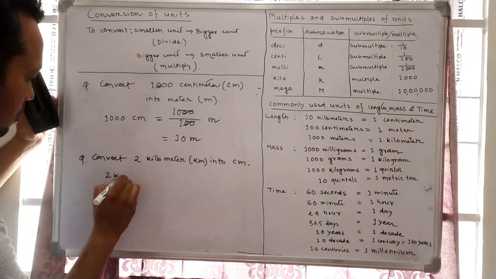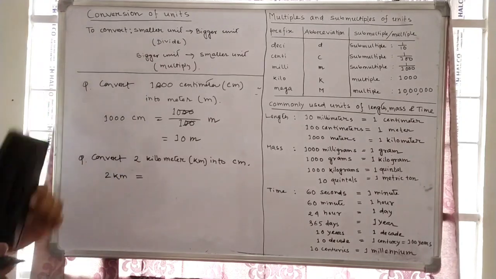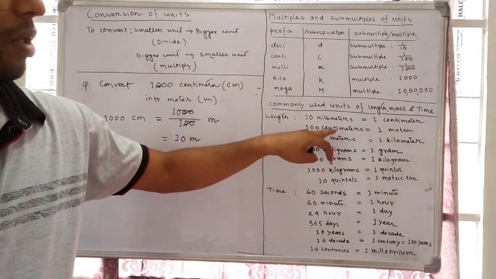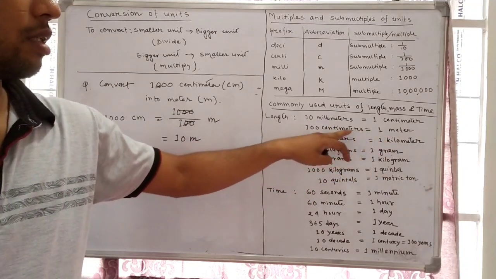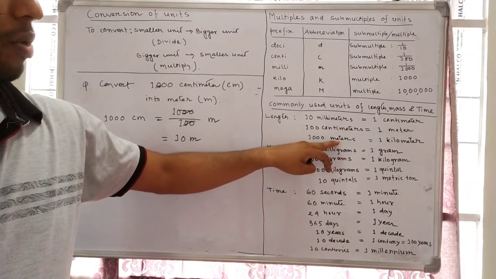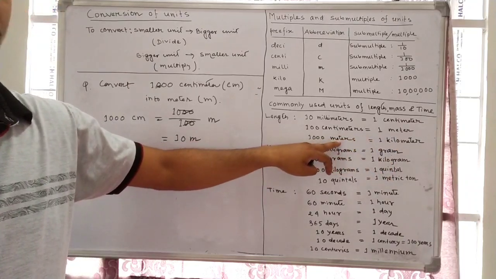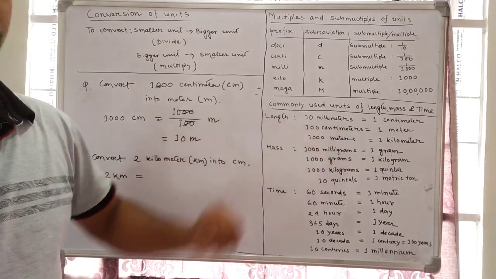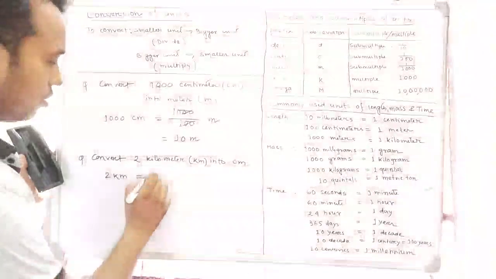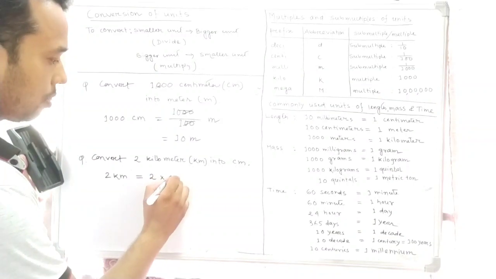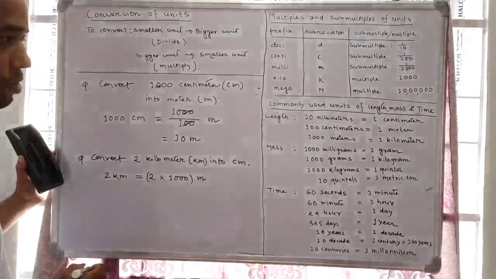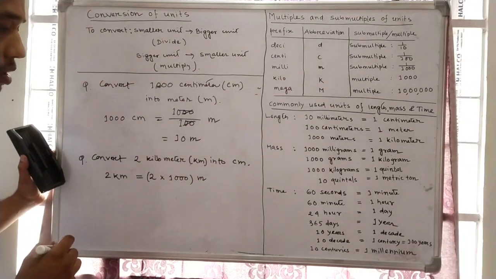So see, 2 kilometer equals, see here there is no direct relation between kilometer and centimeter. In between kilometer and centimeter, meter will come first. So first what we will do, we will convert kilometer into meter, and after that this meter will be converted into centimeter. Okay, first while we convert kilometer into meter, we have to multiply it by 1000, because 1000 meter equals 1 kilometer.